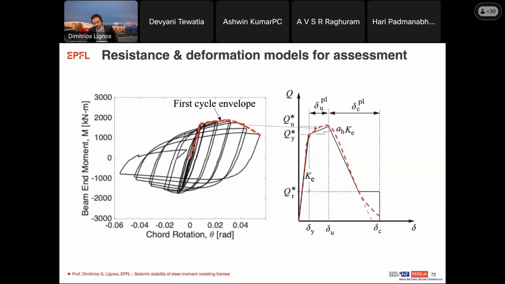We fitted to this envelope a simplified multilinear curve where, with some statistical procedures, we try to develop expressions where we can predict our plastic rotation capacity, or post-buckling rotational capacity, or what we call ultimate strength, for different structural elements.